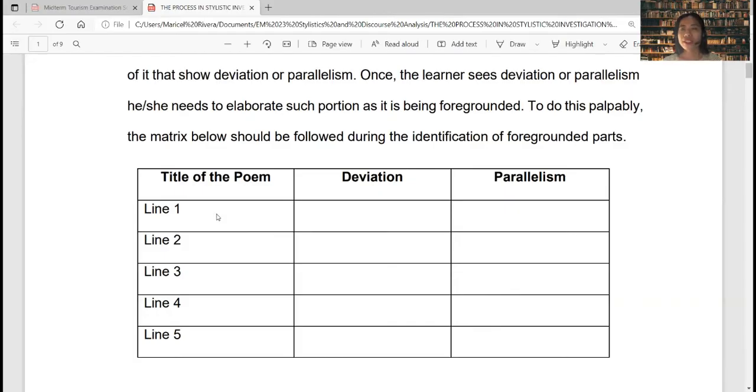So you just bracket it to be able to label that specific parallel foregrounded part found in 3 lines. So for example, my love for you is true. My love for you will never die. My love for you is the only thing I am holding on to until now.